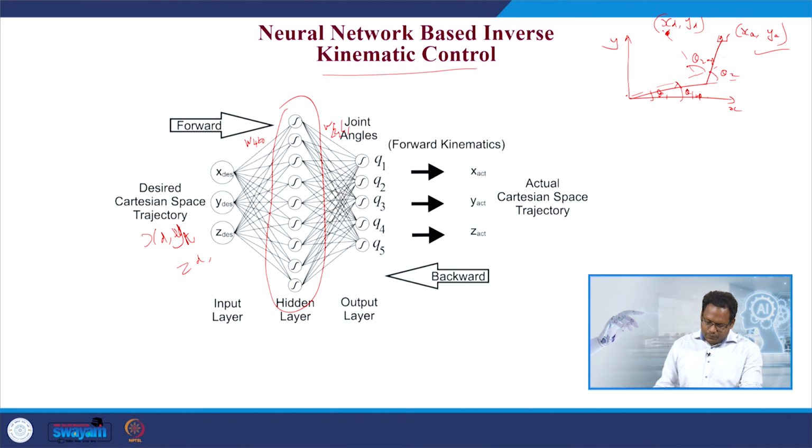So, given the input with the associated weights, the network is updated with its parameters, and we get an output.